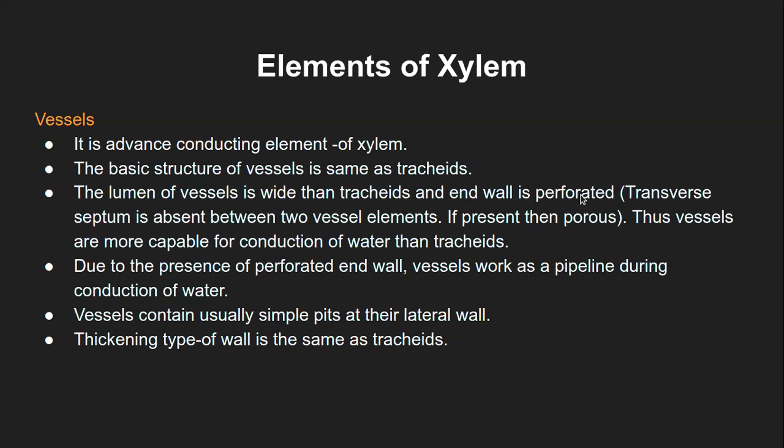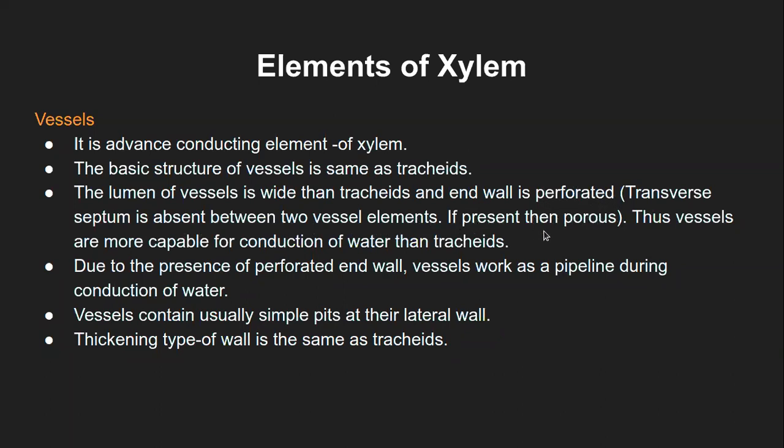Perforated means again there will be holes or pores. That is what perforated means. And if at all this septum is present, then it is porous, right? That is what it says. So the transverse septum is absent between two vessel elements. If present, it is porous.